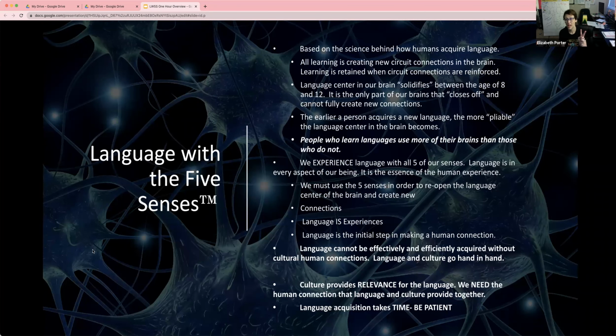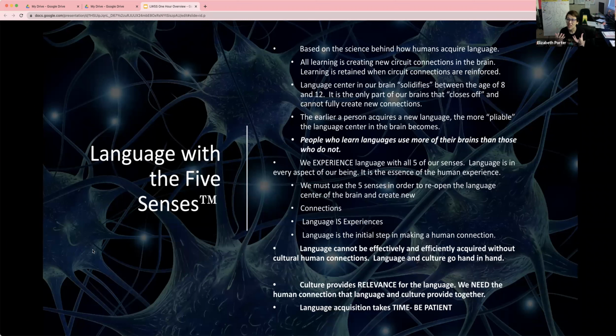So we have two language centers in our brain. We have Broca's area and we have Wernicke's area. And Wernicke's area is closer to the lower brain, and Broca's area is up near the prefrontal cortex of the brain. Those two areas actually solidify between the ages of 8 and 12 years old. And so using our senses kind of helps open up those areas.